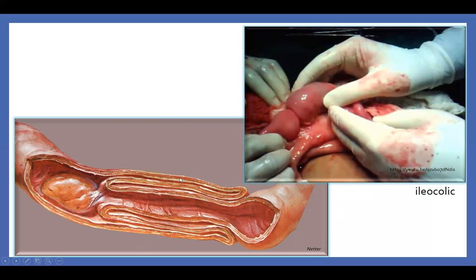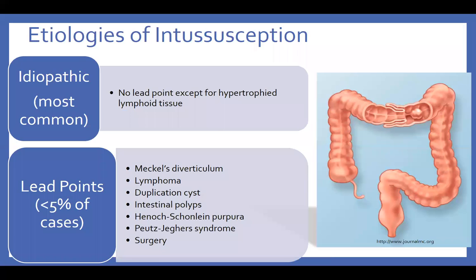There's a distinct feature of this on ultrasound, and I have to say it way early before I show you ultrasound images: once you see it, there's no way you can miss it. Here you can see the telescoping or invagination of those loops of bowel into each other as well. If you pay attention to this, you will be able to imagine and see how this is going to look on ultrasound.